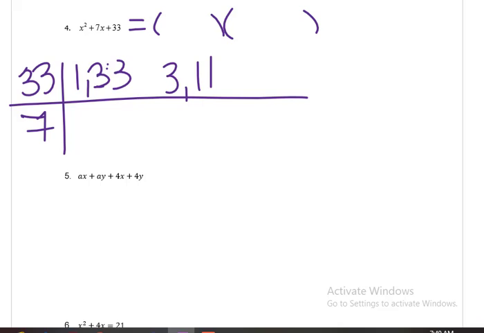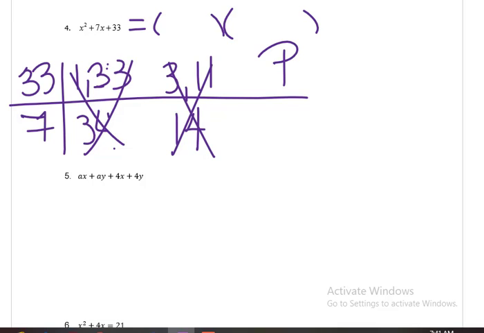And that is the extent of the factor pairs that multiply to 33. The first pair adds up to 34, so it does not work. The second pair adds up to 14, does not work. So we cannot factor this trinomial any further, and we would say it is prime.